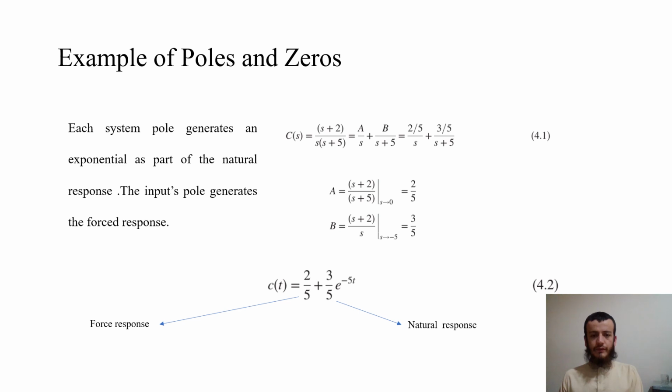Here is an example of poles and zeros. Suppose this function. Mathematically, using the Laplace transform and this transfer function, we will find a and b easily.